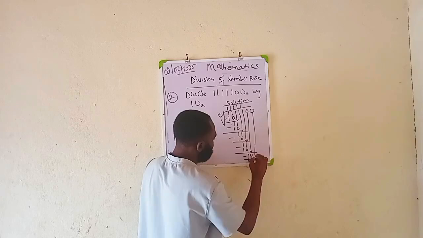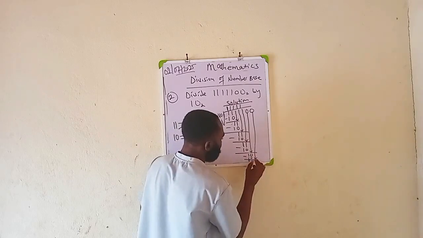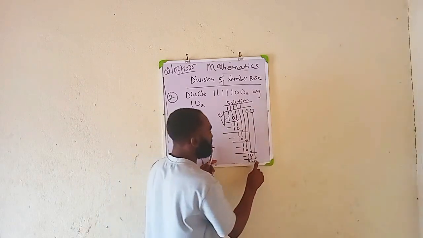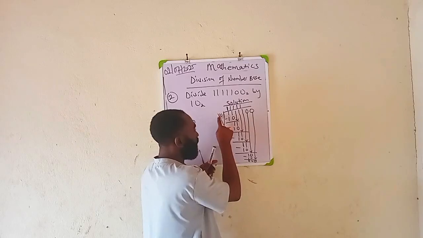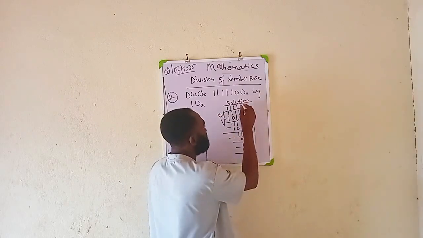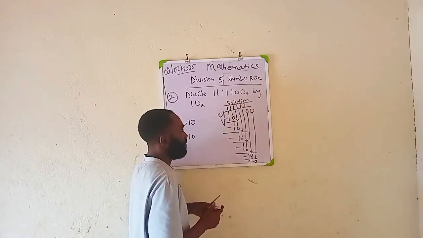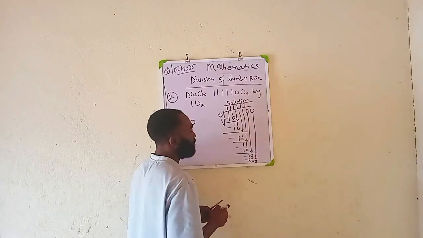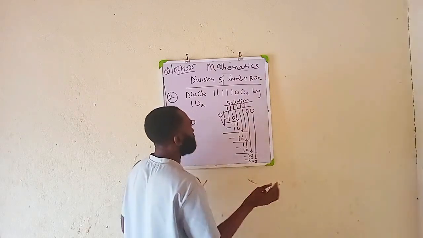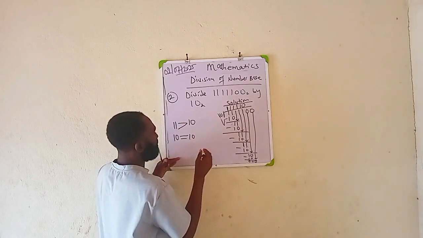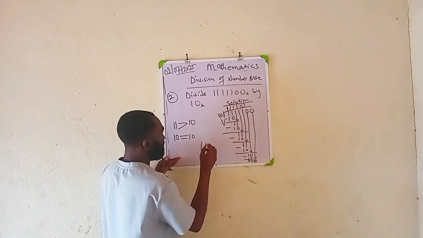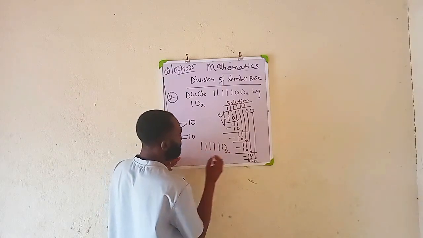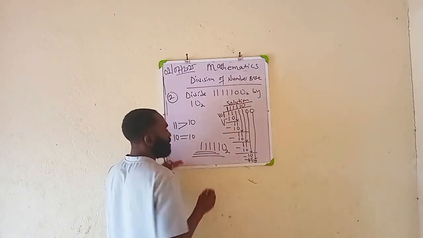Then we push the last 0 down. And we discover that 0 divided by 1 0 is 0. And 0 times 1 0 is 0. So our result is 1 1 1 1 1 0 in base 2.